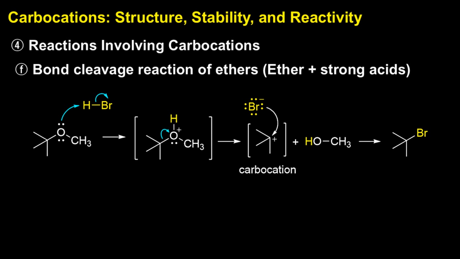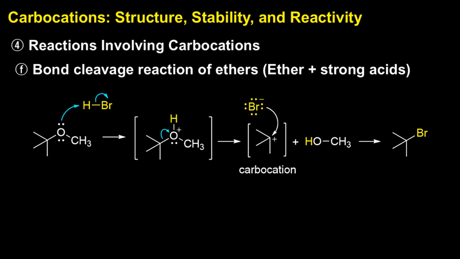Another important reaction that involves carbocations is the acid-catalyzed cleavage of ethers. When ethers react with strong acids like HBr or HI, the oxygen gets protonated. If the carbon next to that oxygen is tertiary, the leaving group can break off, forming a carbocation. Once that happens, the system becomes highly reactive, and a nucleophile like Br- or I- can attack.